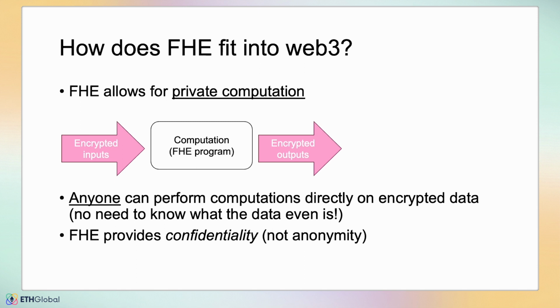There's no need for this party to know what the underlying data is. Something important to keep in mind when working with FHE is that it's really focused on confidentiality, so hiding the inputs and outputs of a computation. FHE on its own does not provide anonymity, so we don't have anything about hiding user identity here.